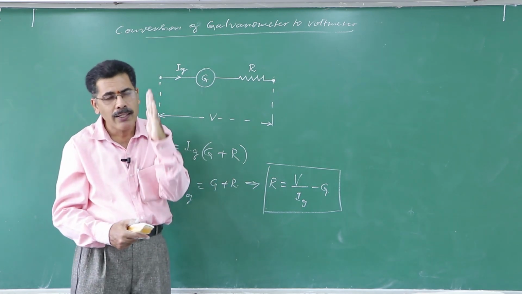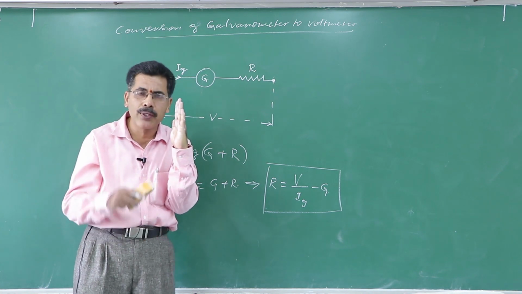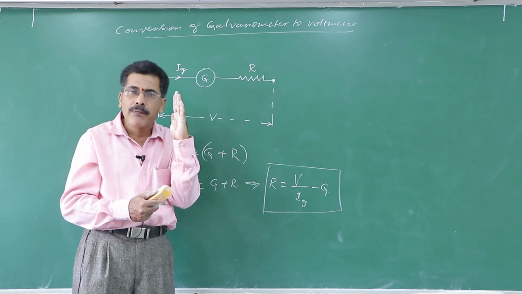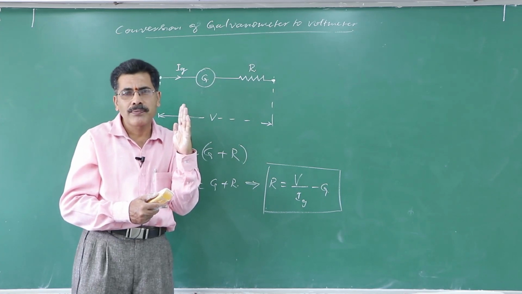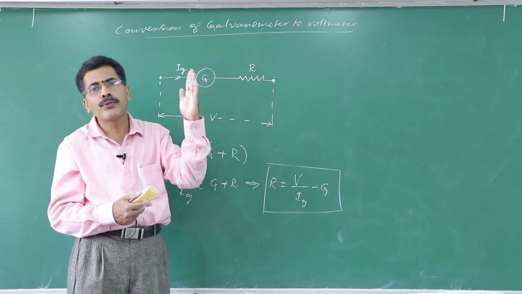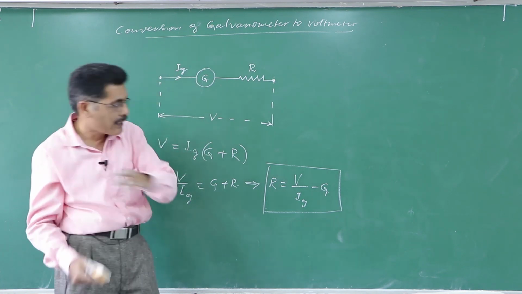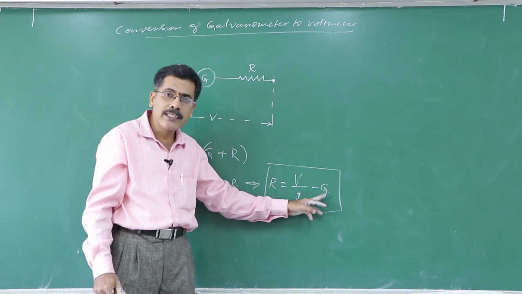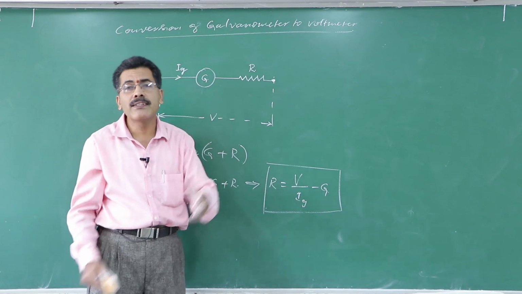Usually in the galvanometer, the pointer coincides with 0 when no current is passing through it. For a particular value of current, the galvanometer shows full scale deflection. That is indicated by Ig. And G is the resistance of the galvanometer.